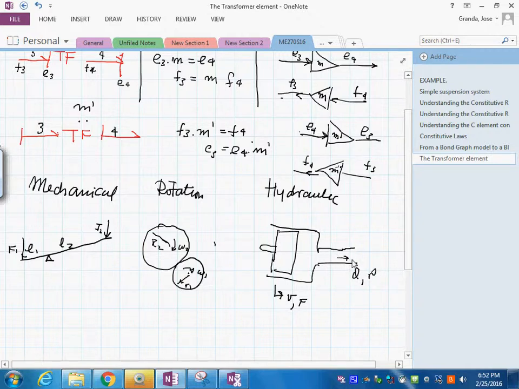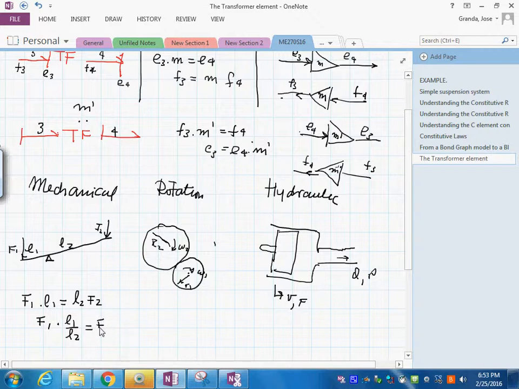You have that F1 times L1 is L sub 2 times F sub 2. If you write this in the form that we just did upstairs, you could have F1 times L1 divided by L sub 2 is F2. This is exactly this form right here. See? It's like this.